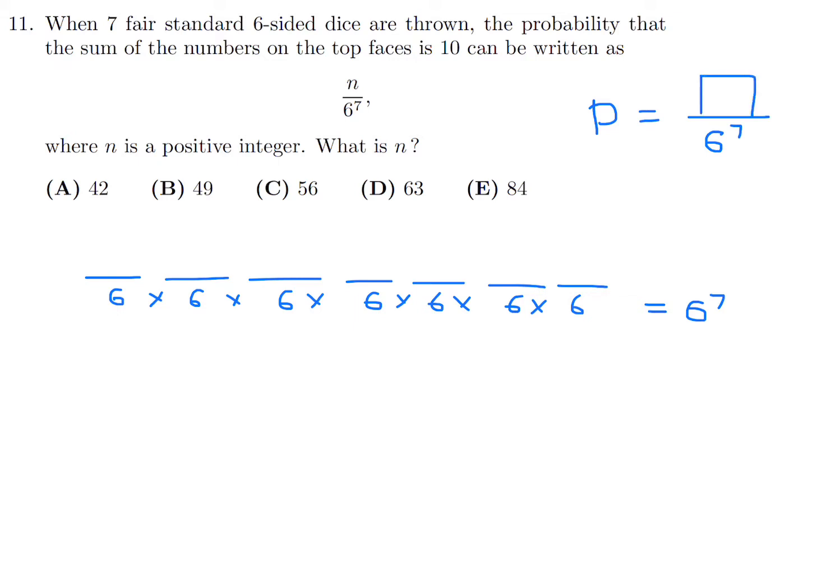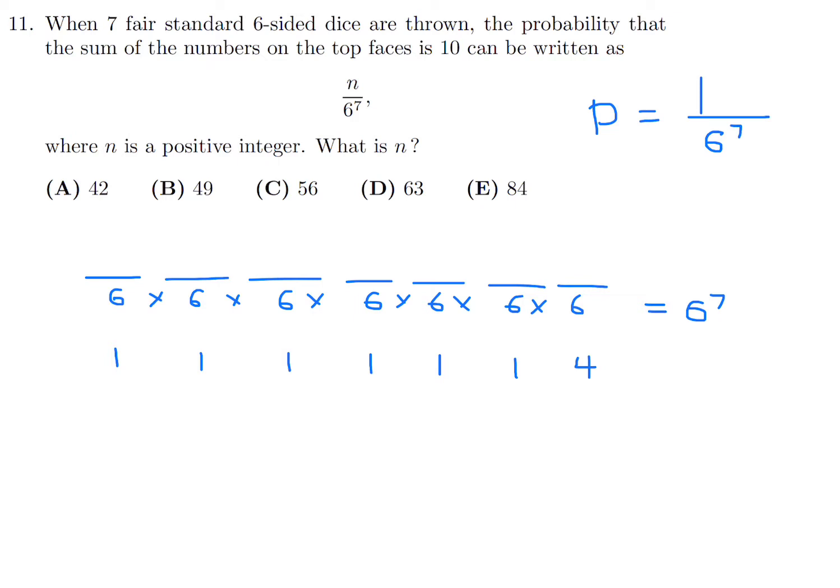Now, the numerator is our specific condition that the numbers on the top of the faces sum to 10. So how can they equal 10? Well, there's a few ways. You can have, I believe, all ones, 1, 1, 1, 1, 1, 1, and then 4. That's one way of doing it.